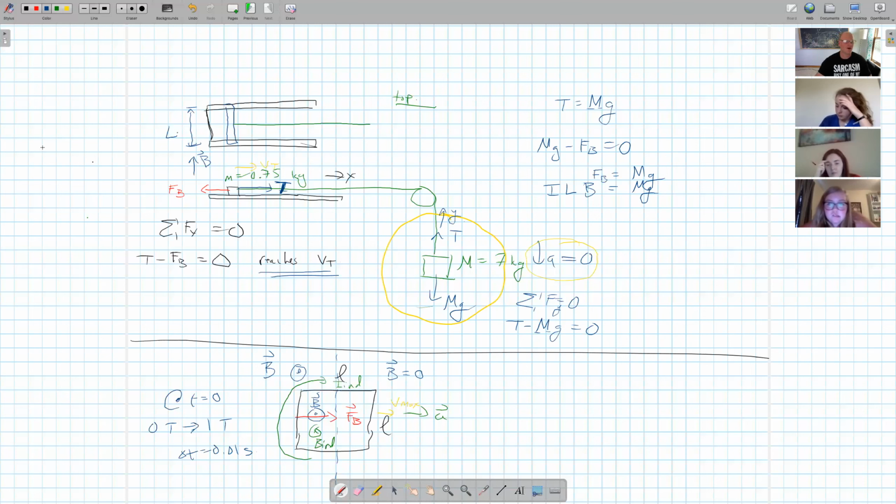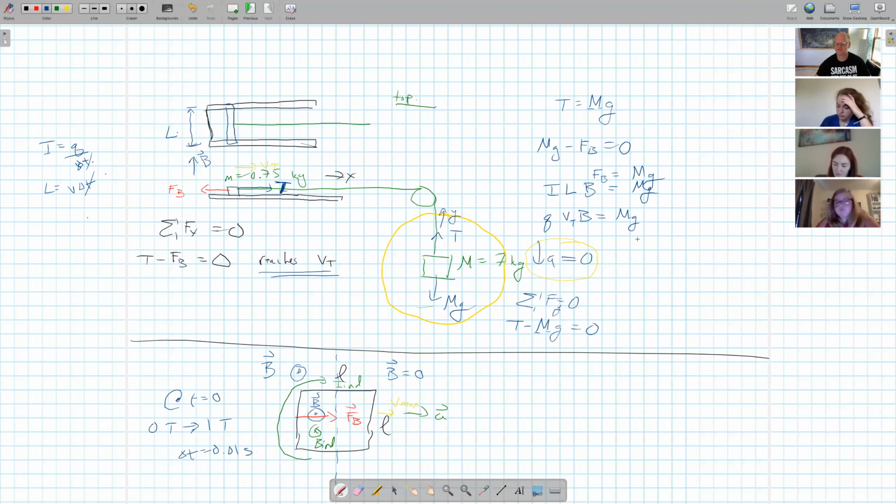Good. Well, we also know I, by definition, is equal to Q divided by delta T, and we also know the length is going to be equal to the velocity times the time. So now if I use those two things, these two are going to cancel. This is going to be the same thing as Q times the velocity times B is equal to mg, where this is going to be the terminal velocity.